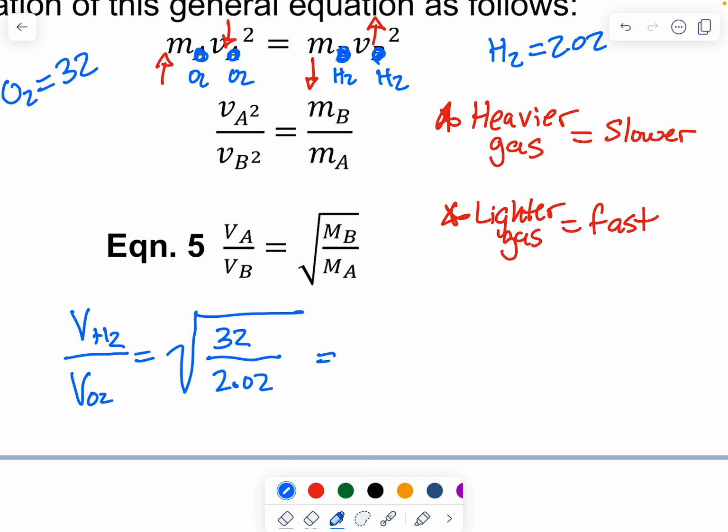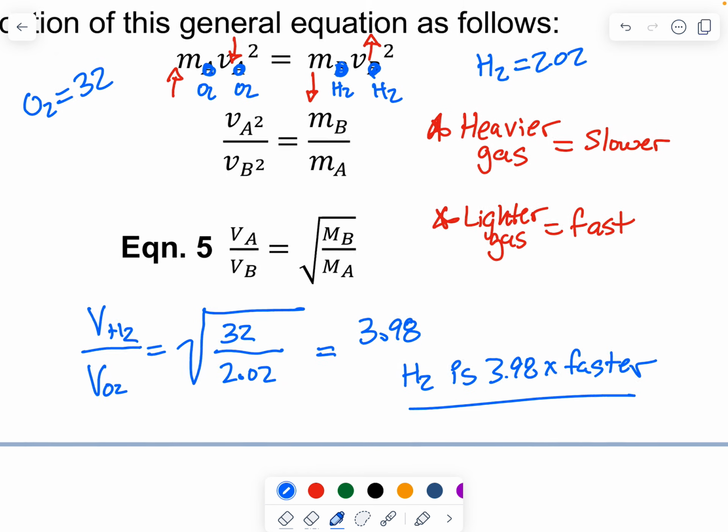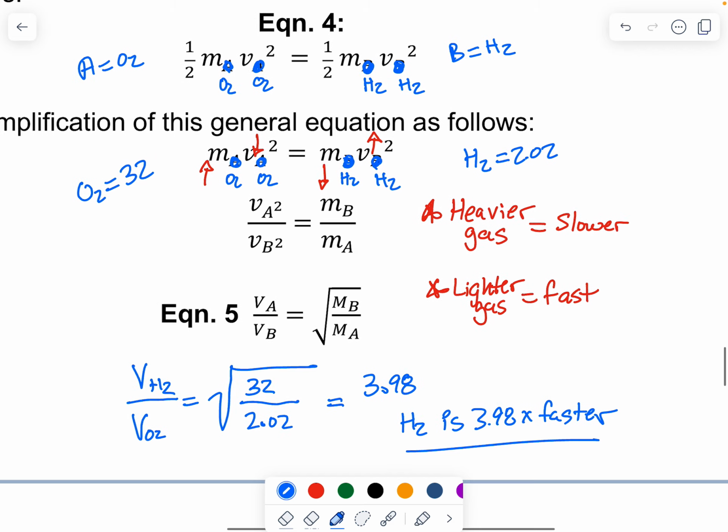And so what we can say is hydrogen, H2, is 3.98 times faster. So we already know that the lighter gas is faster, but now we can say hydrogen moves around almost 4 times faster than oxygen at the same temperature.